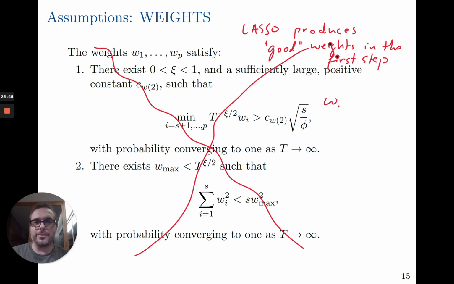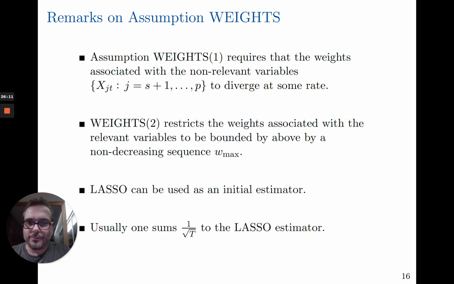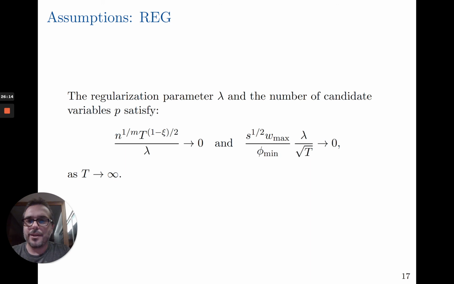So if you take Wj, beta j, Lasso, and you wish to avoid the mistakes, you sum here 1 over square root T. If you have these fantastic weights, it will satisfy these two ugly assumptions that we have in the paper, and that's what we explain here. Here's the ugliest assumption in the paper, related to lambda.